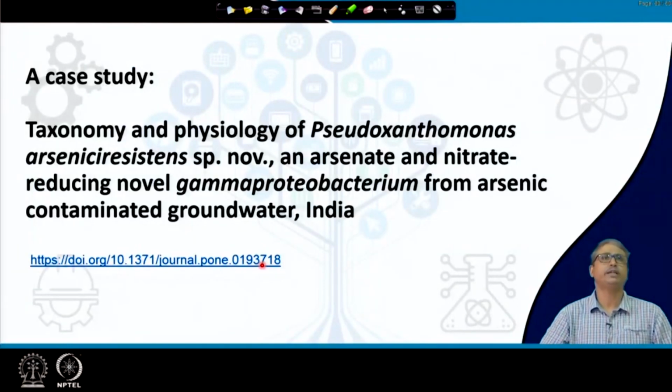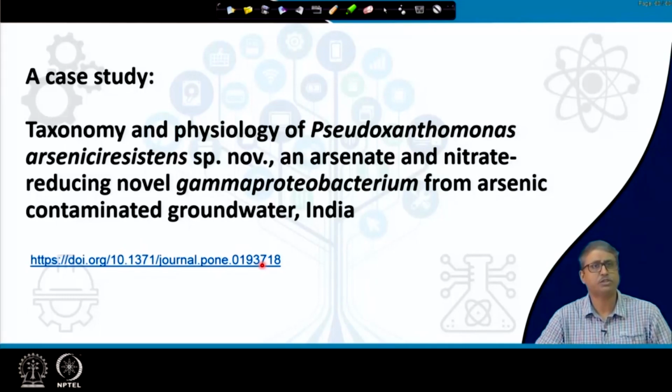So now I will take you to a case study where a particular bacterial strain was enriched with respect to its ability to reduce arsenic in the form of arsenate. Arsenate is a form of As5+, which is very abundant in groundwater systems. Arsenic is, as I mentioned, one of the major contaminants of the groundwaters across many parts of India.